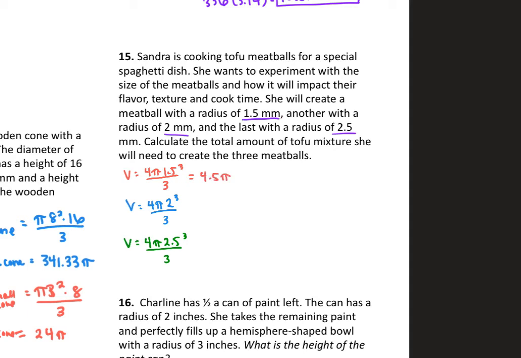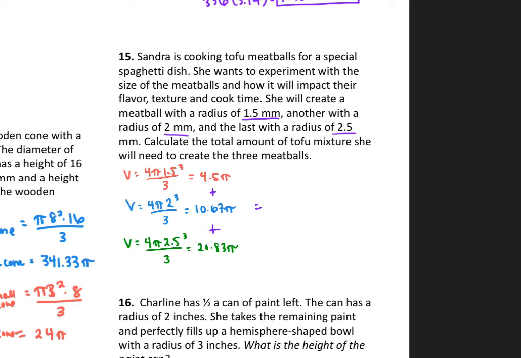And again, since they're all shapes involving pi, I'm just going to leave it in terms of pi. Then we have 4 times 2 cubed divided by 3. That's 10.67 pi. And then the last one, 4 times 2.5 cubed divided by 3 is 20.83 pi. So now to find the total volume, we are going to add these 3 together, just like we did in the previous one.